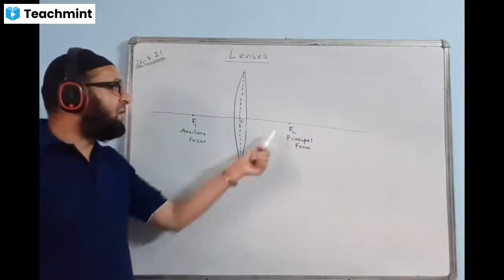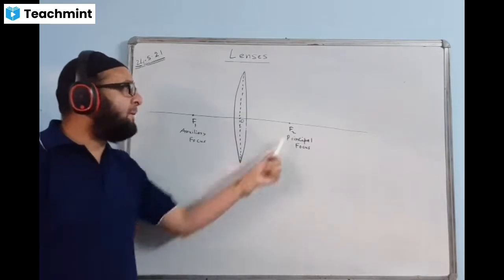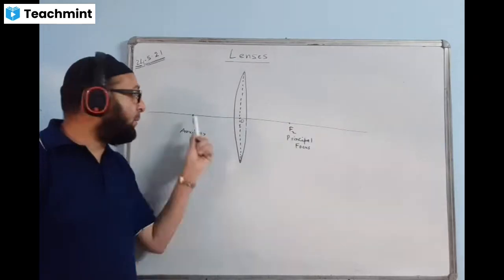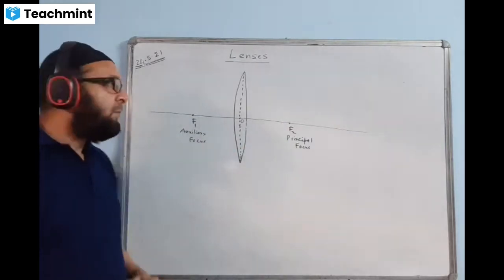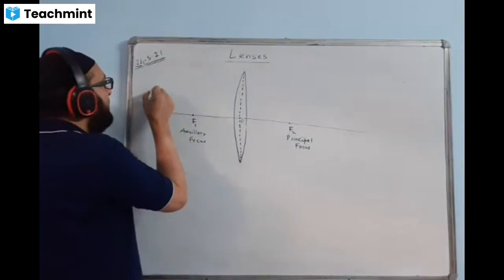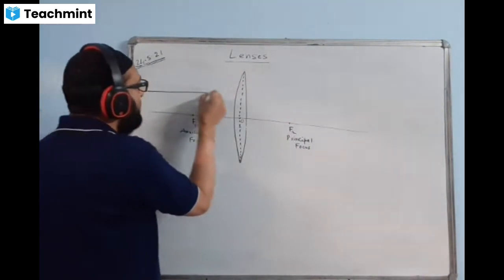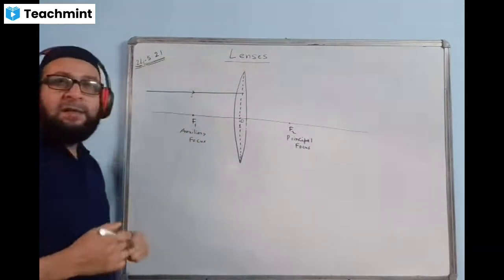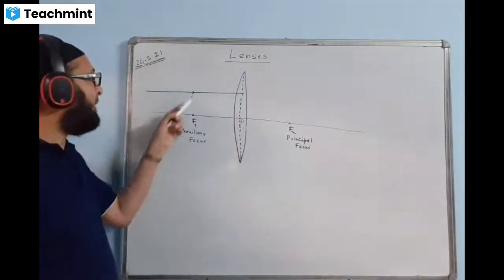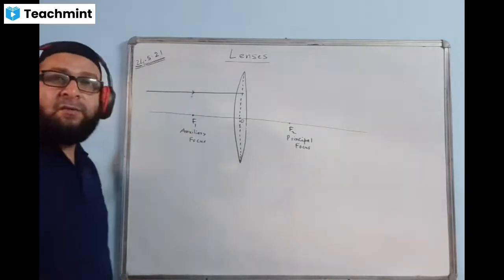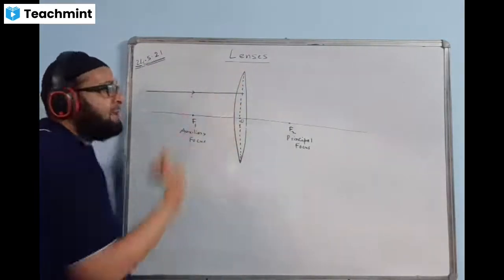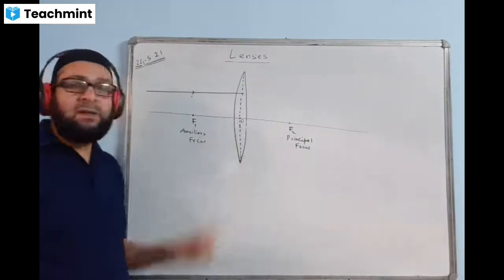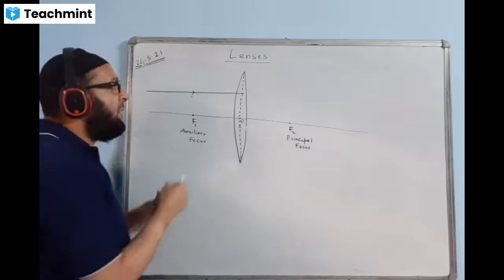What is the definition of the second focal point, or the principal focus, of a convex lens? Let us see the property of these two focus points. An incident ray parallel to the principal axis, on passing through the convex lens, will pass through this point.